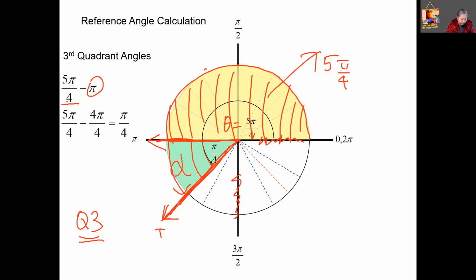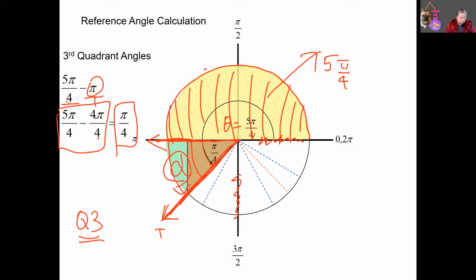In order to match the fractional calculation, pi over 1, I multiply top and bottom by the denominator 4 and 4. Then I calculate it here, and I get pi over 4. So this mint colored piece, your reference angle measure, is pi over 4.